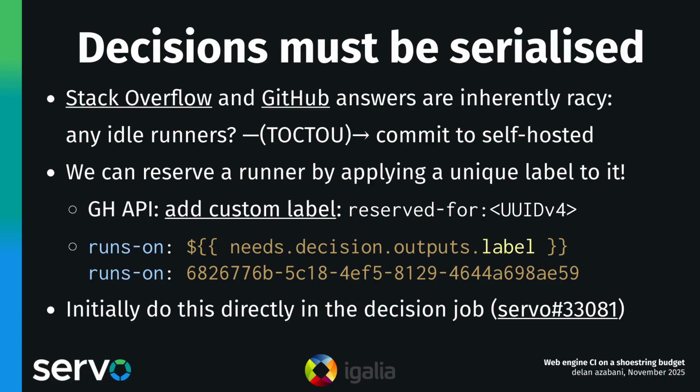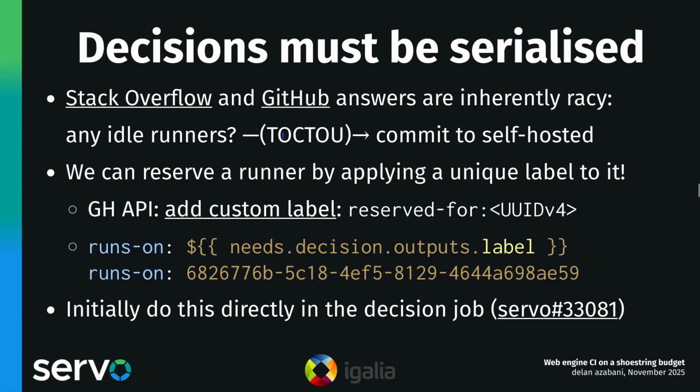If you look up, how do I define a job where I can fall back from self-hosted runners to GitHub-hosted runners? Most of the answers there have a problem where they check if there are any runners available, and then they make the decision, committing to either a self-hosted runner or a GitHub-hosted runner.